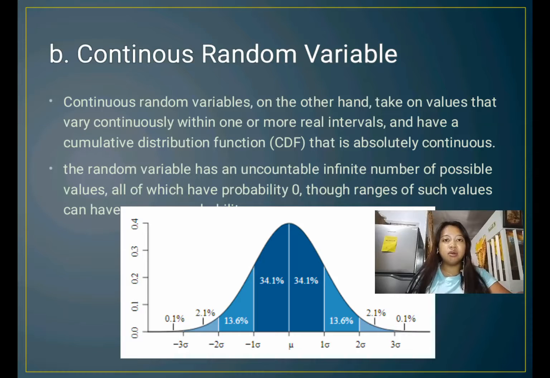The random variable has an uncountably infinite number of possible values, all of which have probability of 0, though ranges of such values can have non-zero probability. And below is also an example or a representation of a continuous random variable.